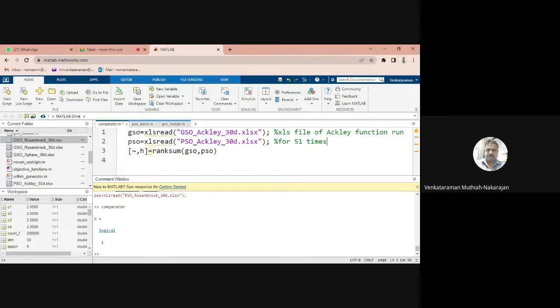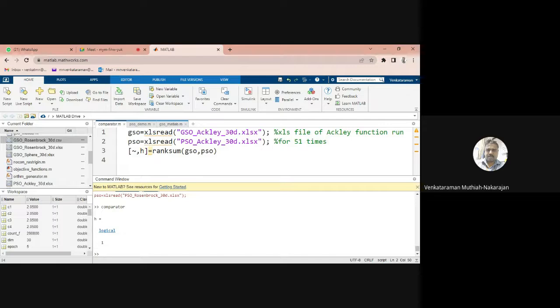And I'm copying it into a vector. So GSO is a vector that has 51 trials of Ackley function, which is the function given as input to the GSO MATLAB program, and PSO is the Ackley function given as input to the particle swarm optimization algorithm. So GSO and PSO each have 51 entries.